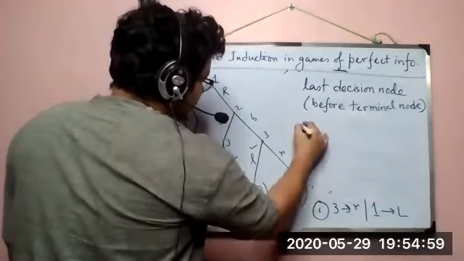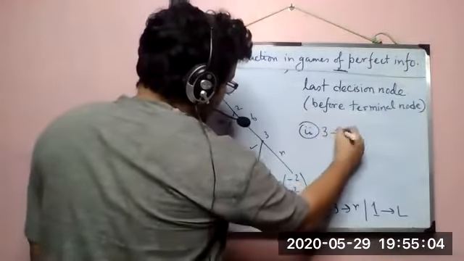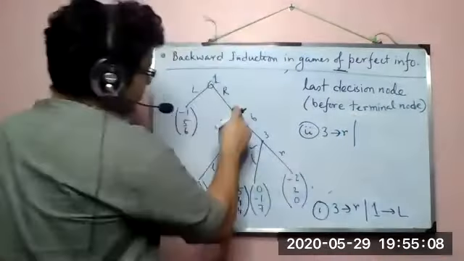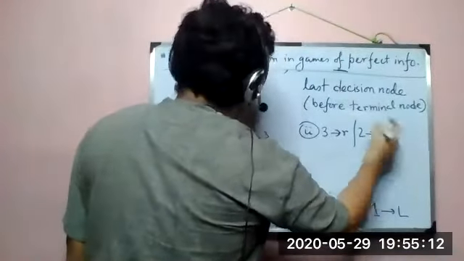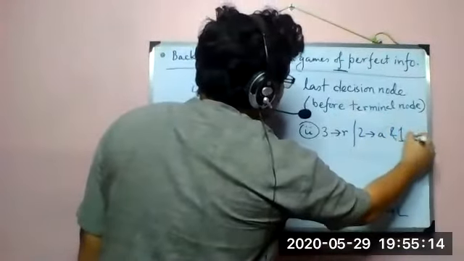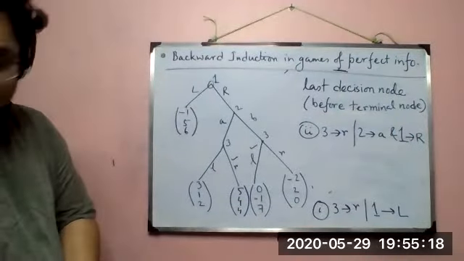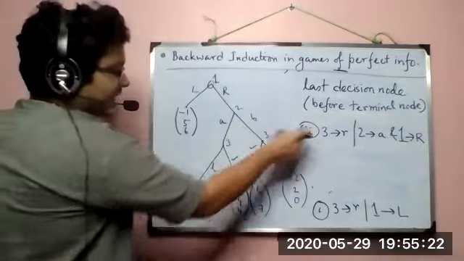Number 2 is: 3 goes for R conditioned on 2 plays A, and further on 1 plays R. Just confirm it, this and this. That's how we write.